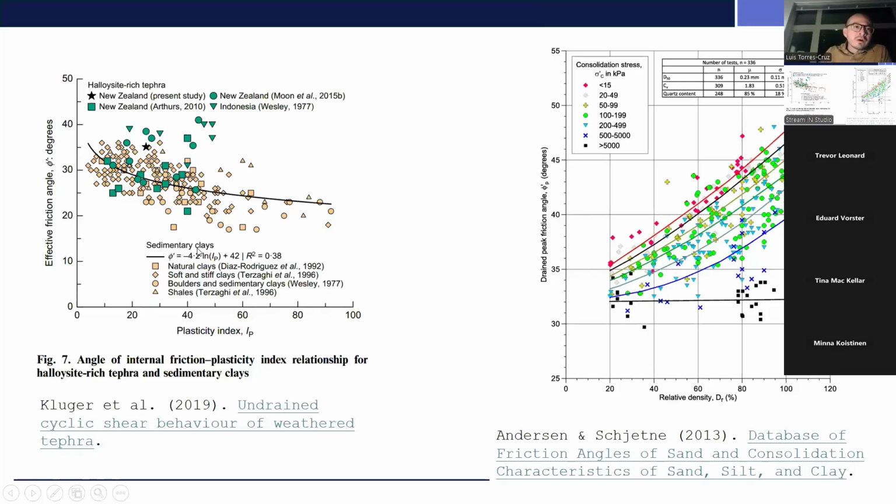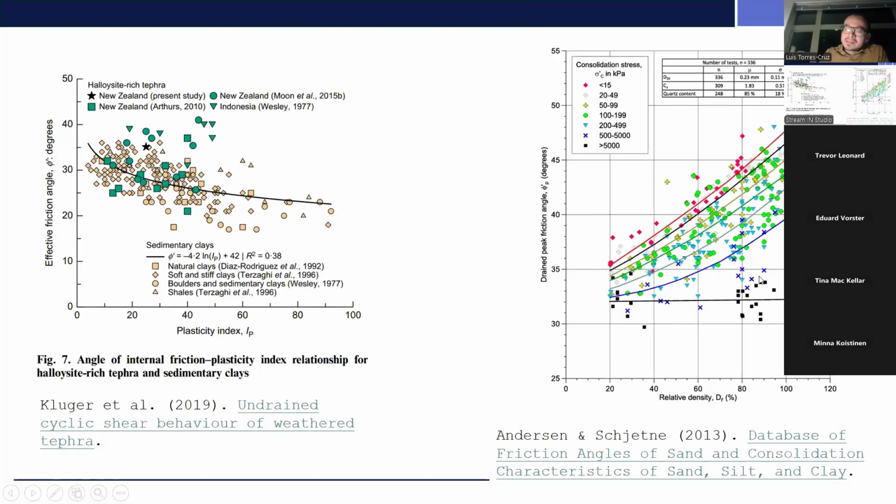In terms of strength, there are correlations, for example, between effective friction angle and plasticity index. And what we are seeing here is that the higher the plasticity of a soil, the lower the effective friction angle that we should be expecting. And over here we have something similar, but this is effective friction angle in terms of relative density.